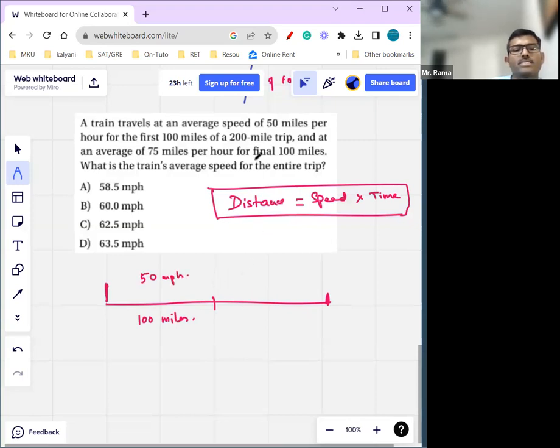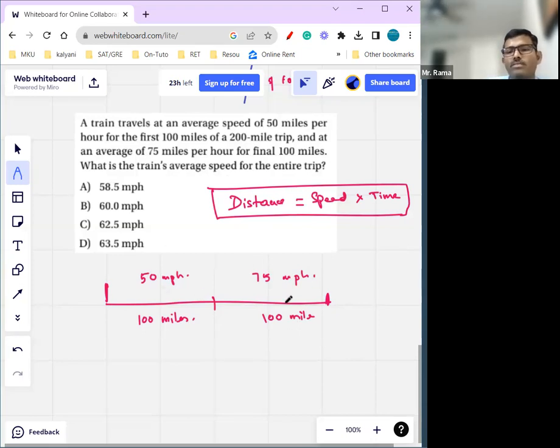The next 100 miles, the train average speed is 75 miles per hour. We're asking what the total average speed is.